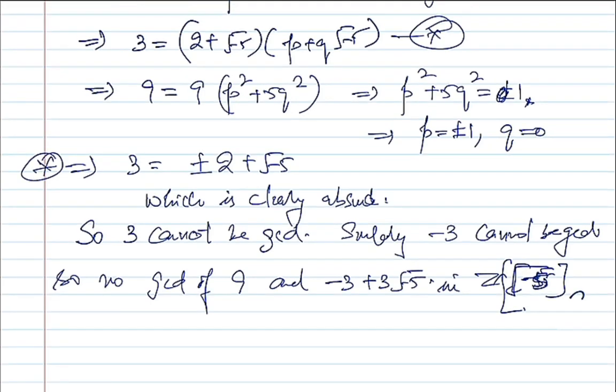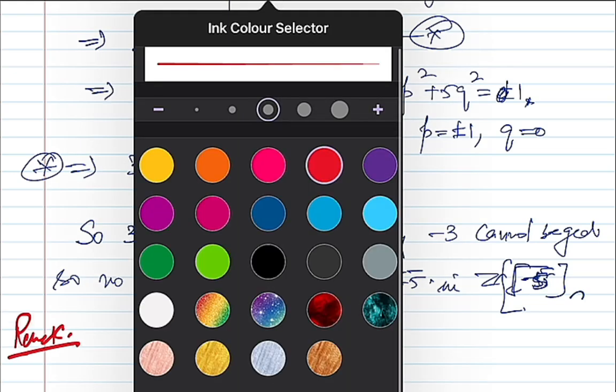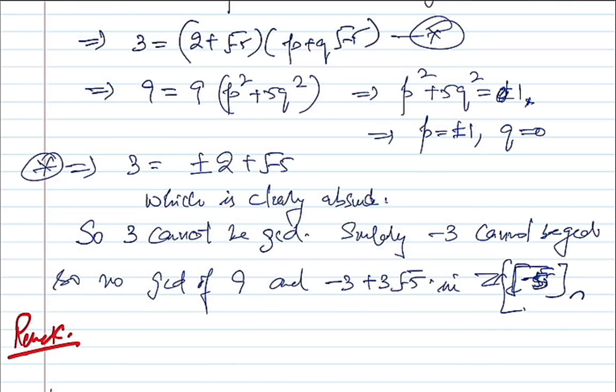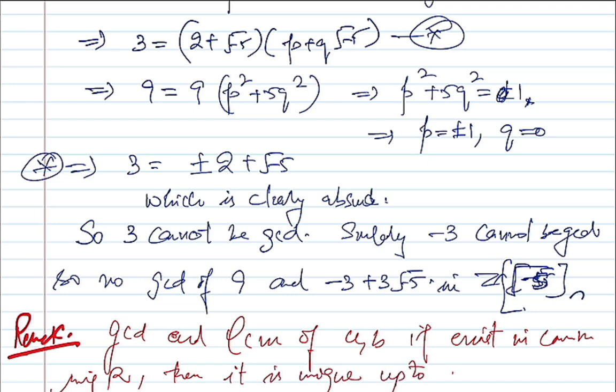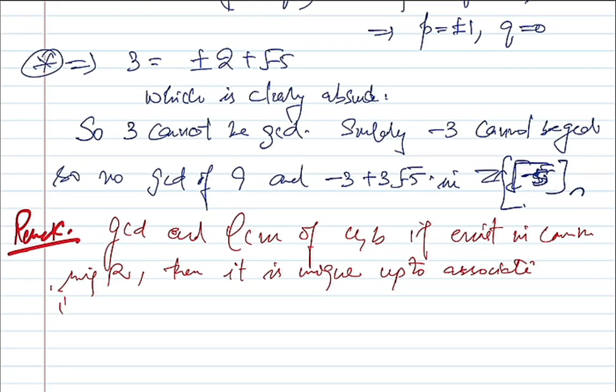Now this is an easy exercise. I will write it as a remark. It says that the GCD and LCM of A and B, if they exist in a commutative ring R, then they are unique up to associates.